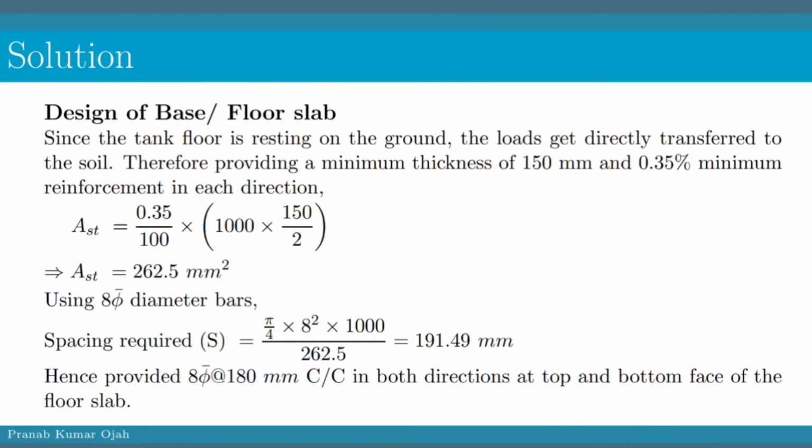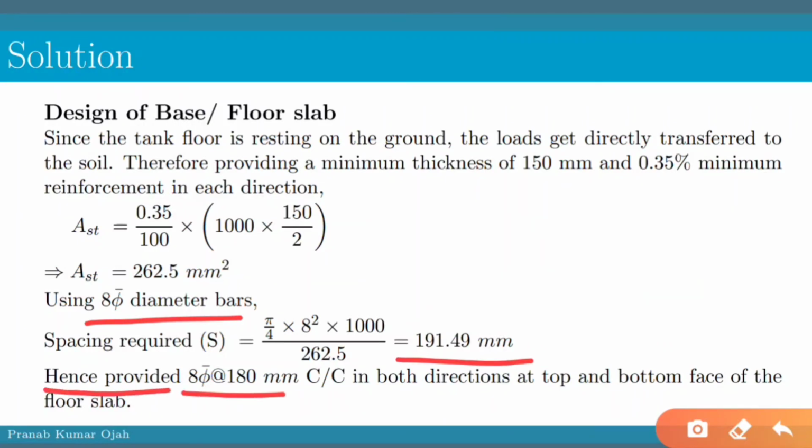Using 8 Tor diameter bars, the spacing required will be pi by 4 into 8 square into 1000 divided by 262.5, which comes out as 191.49 mm. Hence we have provided 8 Tor at 180 mm center to center in both directions at the top and bottom face of the floor slab.